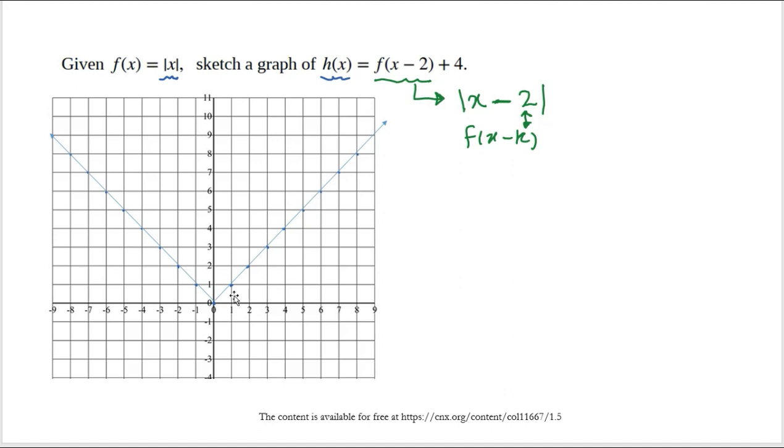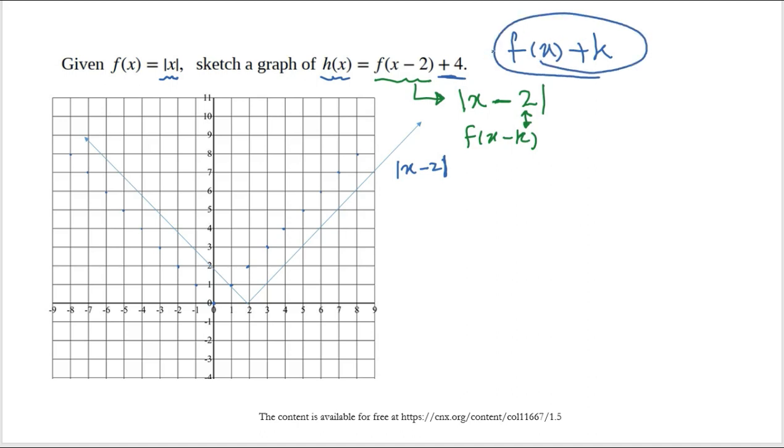So 1, 2. This will come right here. So this is the absolute value of x minus 2, 2 units shifting to our right. Plus 4. So f of x plus k. K is positive, so 4 units going up. 1, 2, 3, 4.